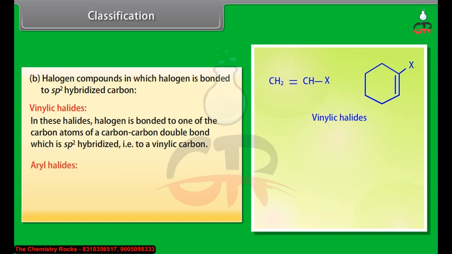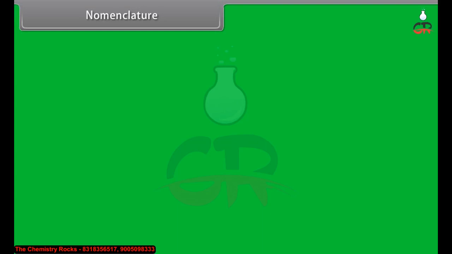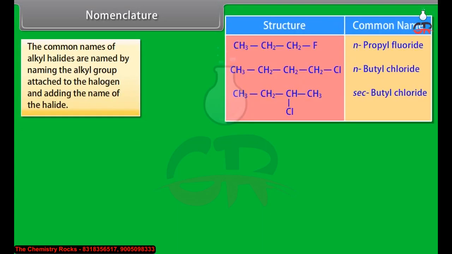Aryl halides. In these halides, the halogen atom is directly bonded to carbon atom of the aromatic ring. For example, halobenzene.